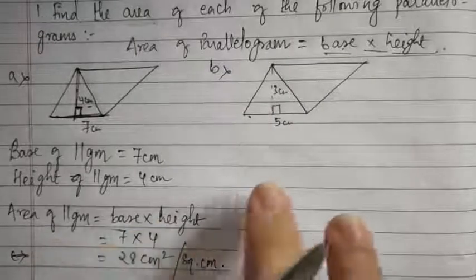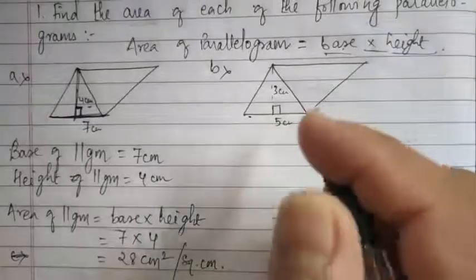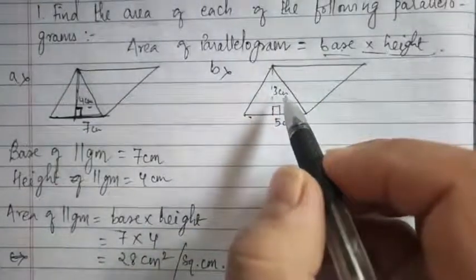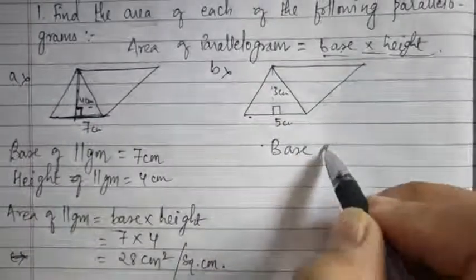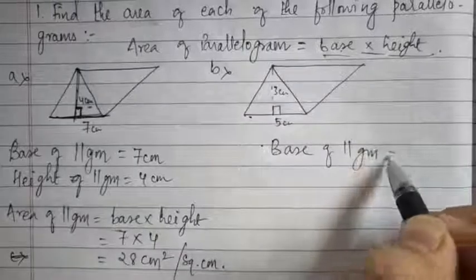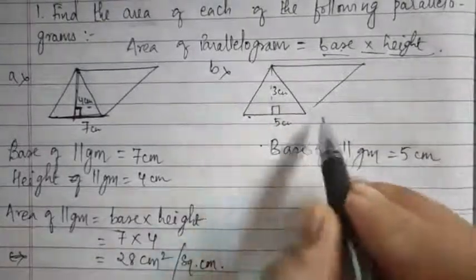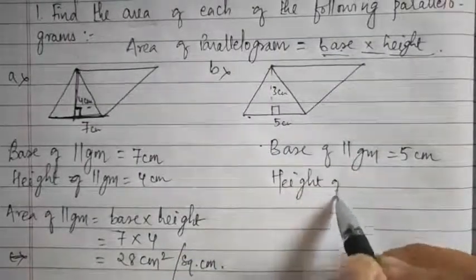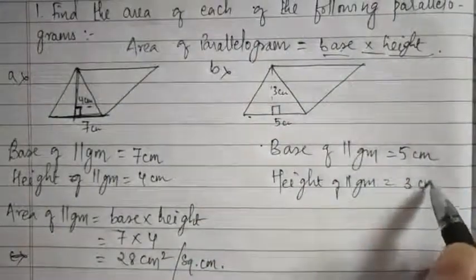Alright children, so this was the first question, part A, which was very easy. Let us proceed to part B now. So similarly we have to find the area here also. To find out the area you need a base. So what is the base? You write down that base of the parallelogram is 5, where it is standing, and height of parallelogram which is standing is 3 centimeter.